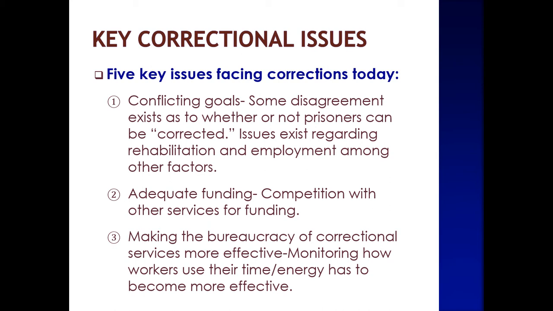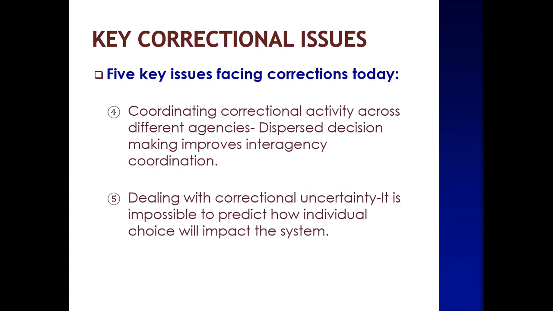Left hand doesn't always know what the right hand is doing. Unfortunately, that's just kind of the way it works. Another issue is coordinating correctional activity across different agencies. Everybody wants to do their own thing, and sometimes they don't always play well together. This has always been an issue, probably always will be, although it does seem to be getting better.